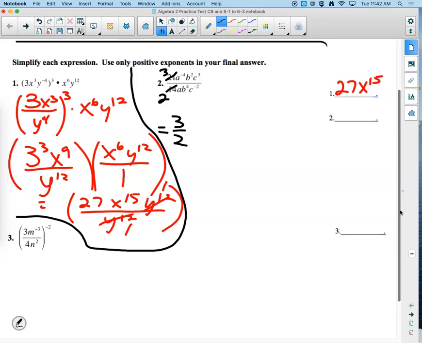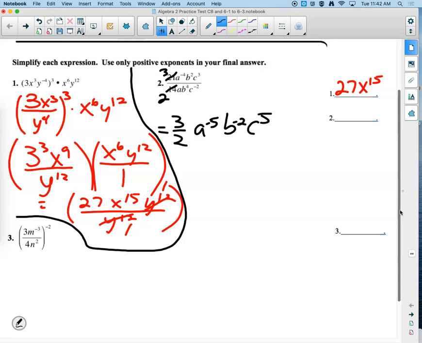And then let's divide. When you divide similar bases, what do you do with the exponents? You do subtract. Negative 4 minus 1 will be a to the negative 5. B squared, b to the fourth, 2 minus 4 is negative 2, but then be careful with the last one. C to the 3 minus a negative 2, what would that be? C to the fifth.